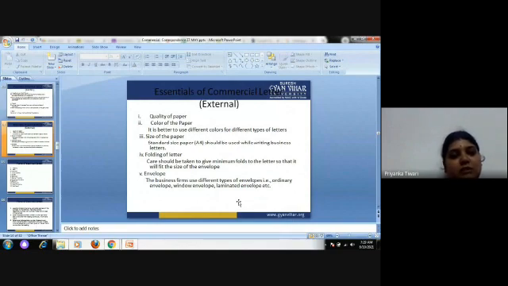Care should be taken to give the minimum folds to the letters so that they fit the size of the envelope.